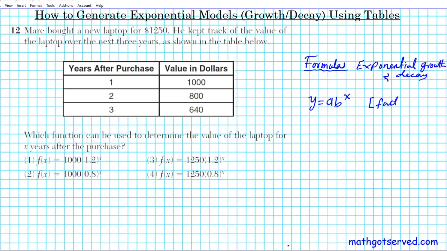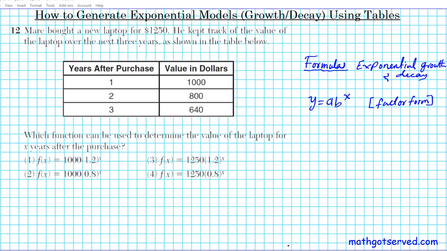It's a factor form because it's written in terms of the growth or decay factor. So for example, b is the growth or decay factor.